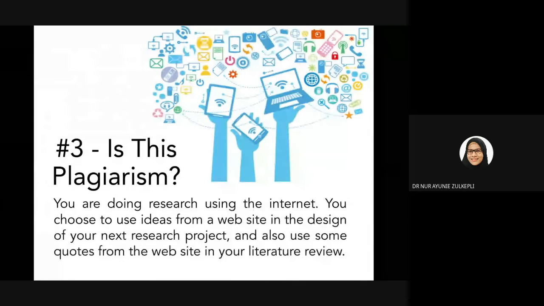If you want to take some ideas or part of the sources from the internet, you just acknowledge it. You just cite it. Okay. For example, adapted from which part and which website, right? You should mention that in your referencing list or bibliography.